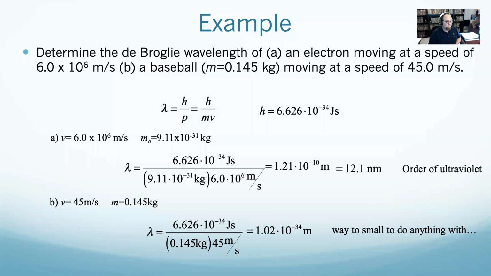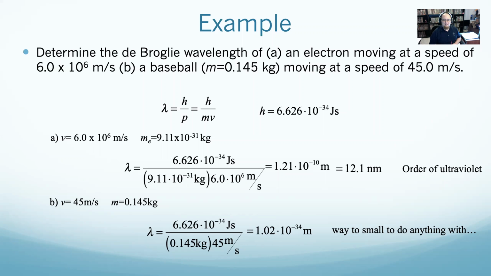Isn't gamma technically the smallest range of wavelength? Gamma is the highest energy, so it's the shortest wavelength. So this wouldn't be considered a gamma ray, because electrons have mass, it's a different thing. And this is ultraviolet, a much larger wavelength than a gamma ray.